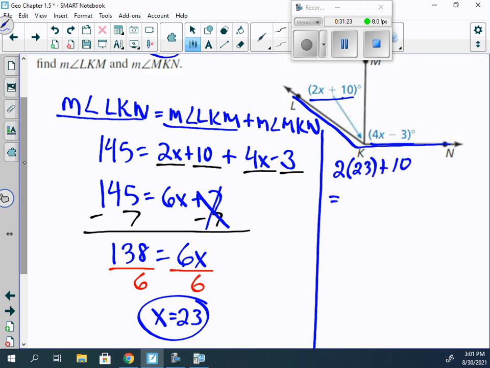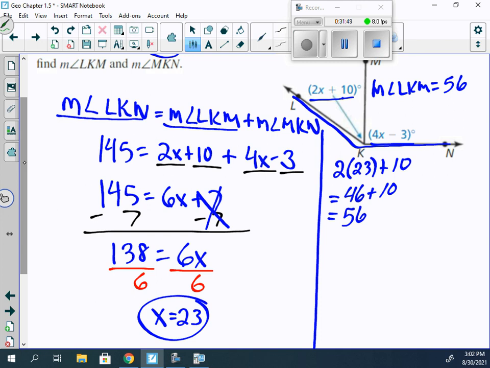Well, that's all numbers, isn't it? No variables, 2 times 23 plus 10? We can type that in. Well, 2 times 23 is 46, and 46 plus 10 is 56. So the measure of angle LKM is 56.